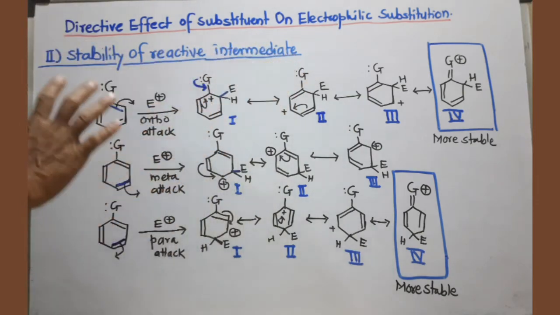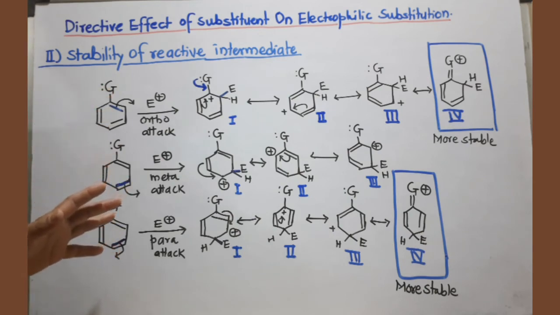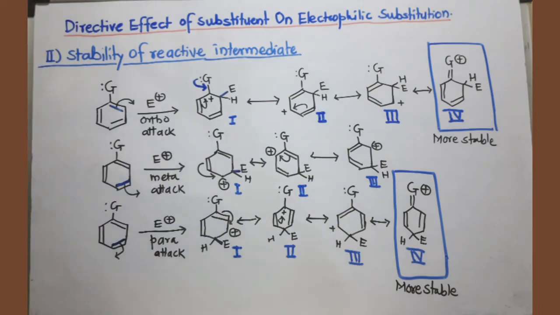From this explanation it is clear that the incoming electrophile will go at ortho and para position, because in that case the activation energy will be lowered because of this more stable resonating structure. If activation energy is lowered, rate of reaction will be more, and that is preferred.